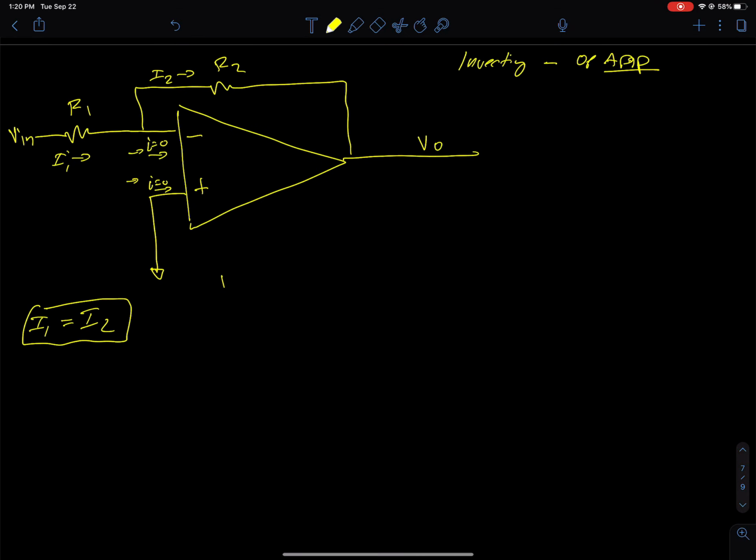So we know that from here, Vn is equal to I1 times R1. For I2, we know that Vout is equal to I2 times R2. Okay. So if we know that both of these are equivalent, and this is entering, this is exiting, so I1 is equal to minus I2, right?